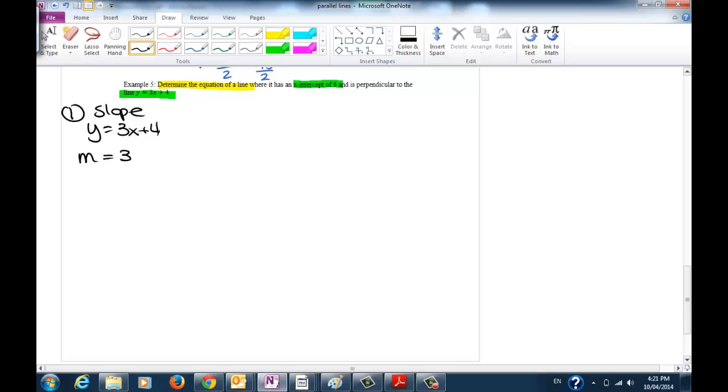But my line is perpendicular to it, so I need to find the perpendicular slope. Now, it's a negative reciprocal. Remember, I can write any number over 1. A positive times a negative will become negative, and I'm going to flip to take the reciprocal. So my slope is going to be negative 1/3.